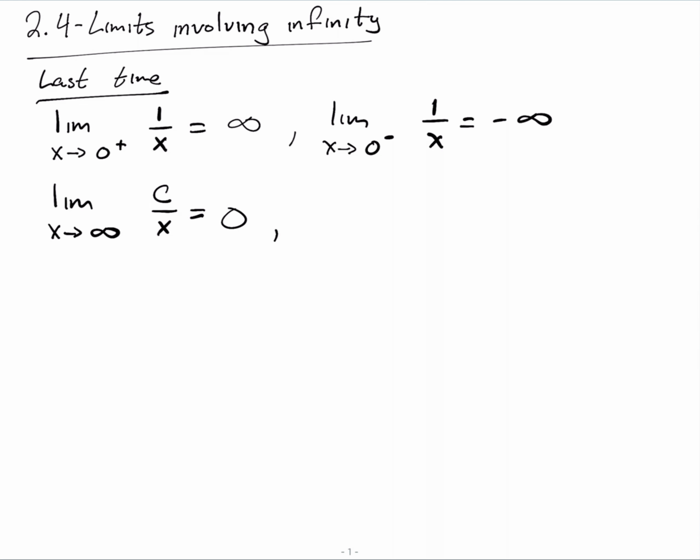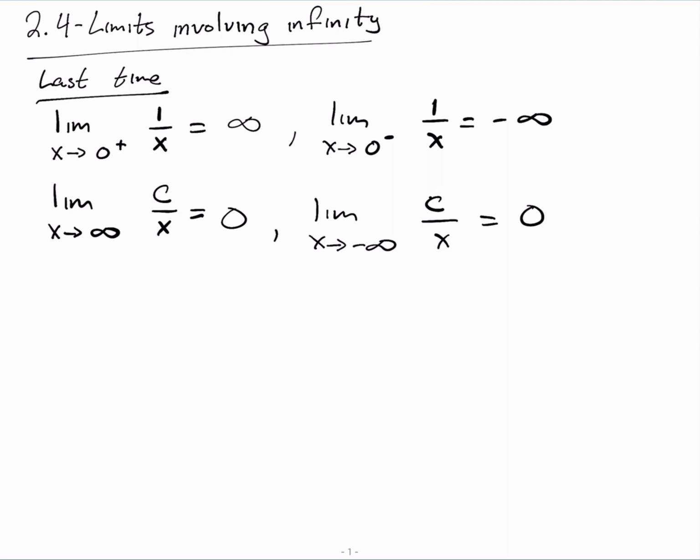And then what about the limit as x goes to minus infinity of something like that? This would be 0, right? It doesn't really matter if it's positive or negative. If the denominator is getting really big, there's no positive 0 or negative 0, that doesn't really make sense, right?